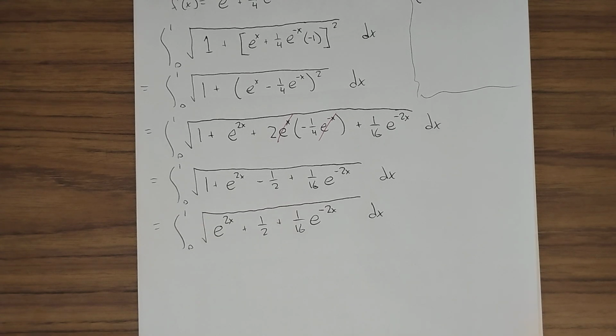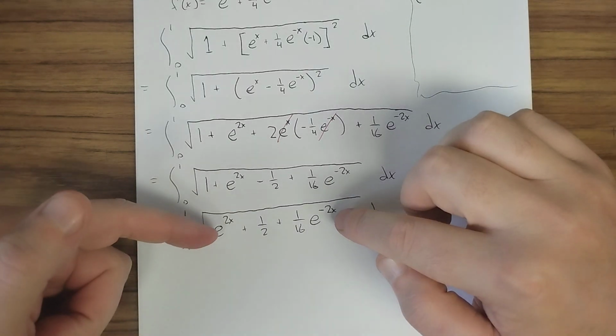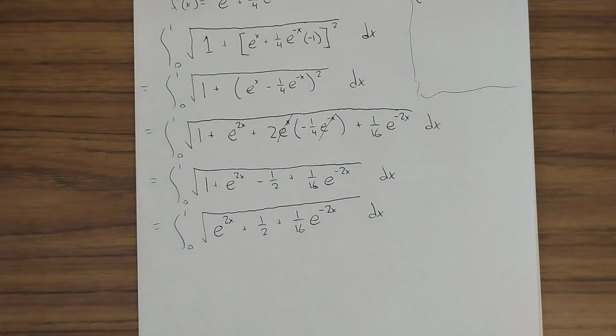Okay, now here's the thing that's going to save us, because this still looks horrible. I've got e to the 2x, I've got e to the -2x, it's all underneath the square root. I don't like the looks of this at all, but I know what's going to happen. The thing underneath the square root is actually a perfect square.